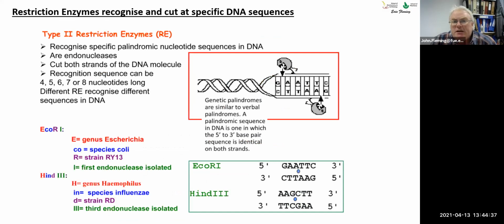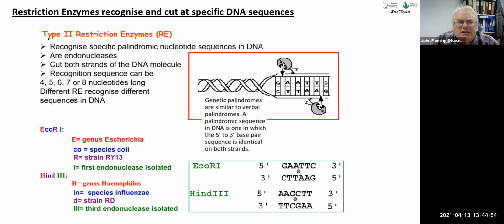So a little bit more depth now in relation to these specific molecular tools that we're going to use in order to achieve gene cloning. The first one that I'm going to talk about in a little more depth is restriction enzymes. There are three classes of restriction enzymes.